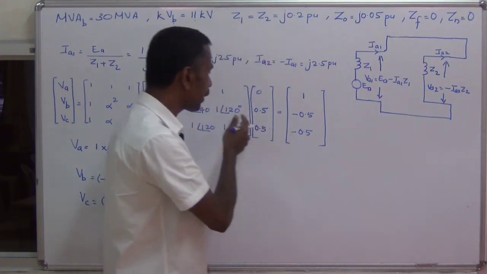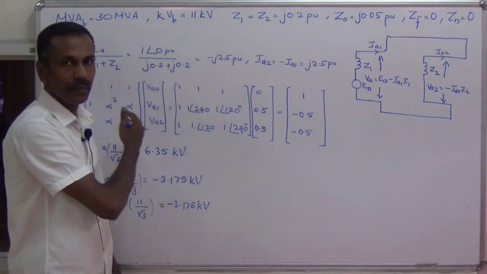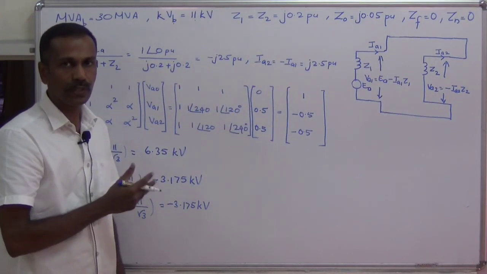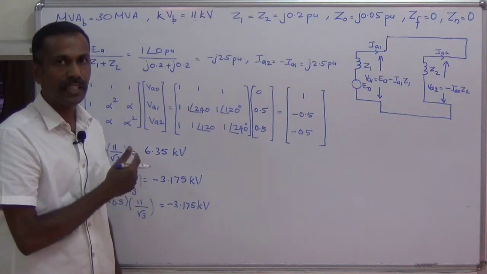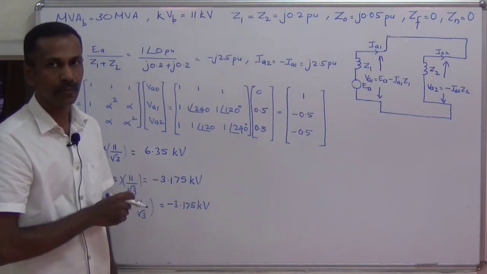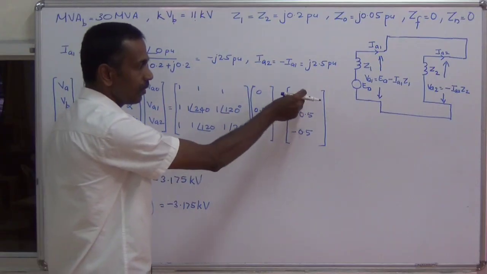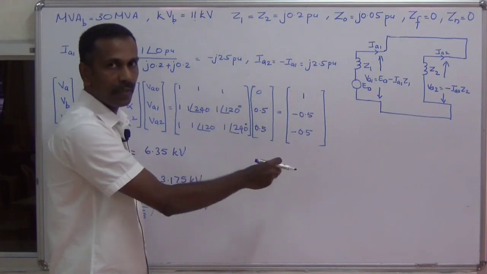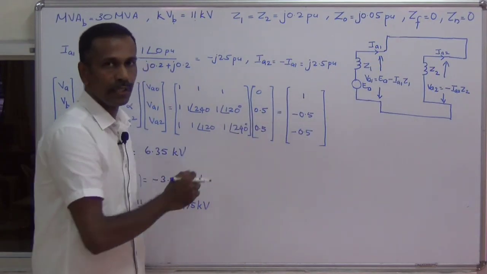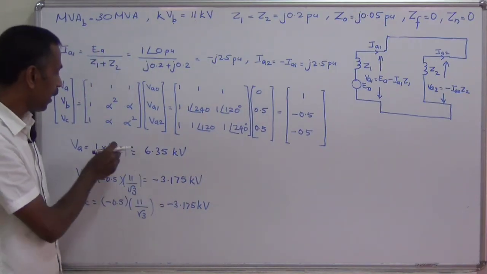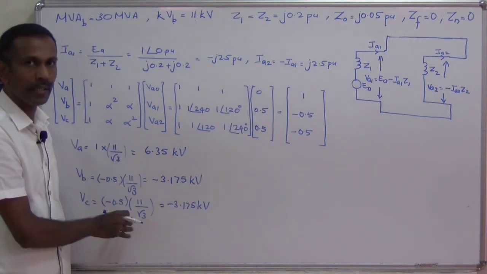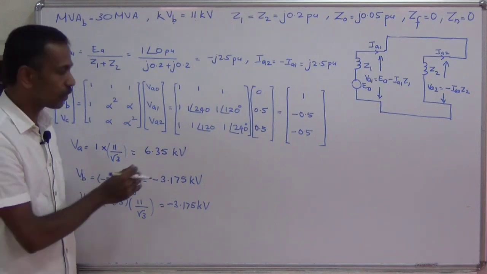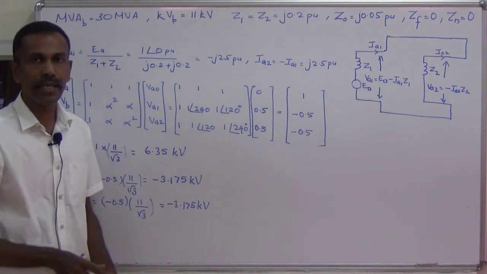Then using the matrix equation we can convert the sequence currents and the sequence voltages into phase currents and phase voltages. So we'll be getting the phase currents and the phase voltages in per unit quantities. Finally, we should multiply the per unit quantities by the base quantity. So we'll get the actual voltages and the actual currents.